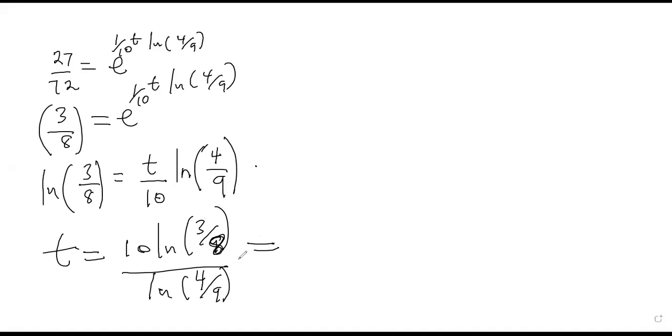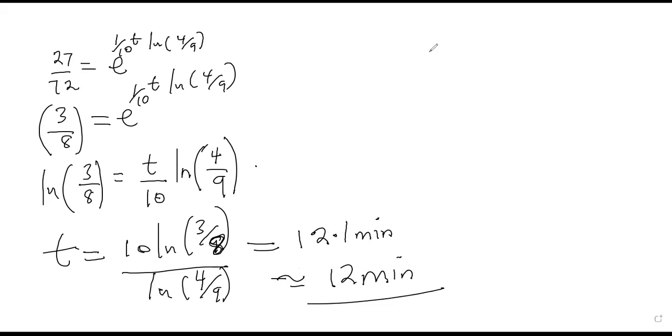This one will give you the time, 12.1 minutes, or since we can record it as a whole number, it can be approximated to 12 minutes. But the question is, determine how much longer. So to get how much longer, they need extra time.